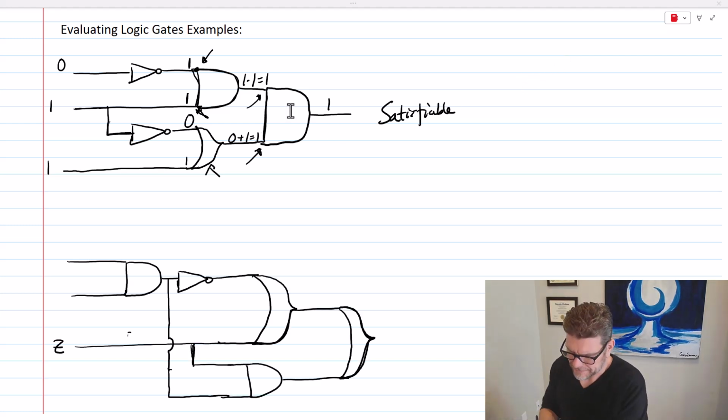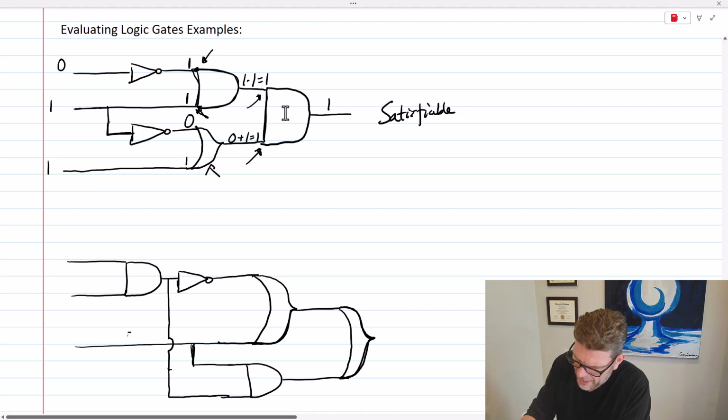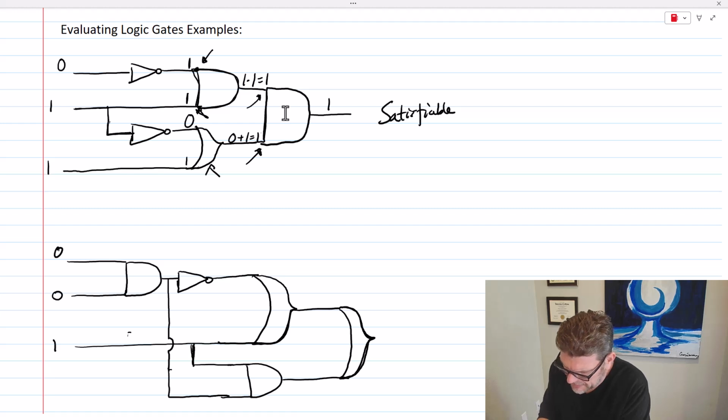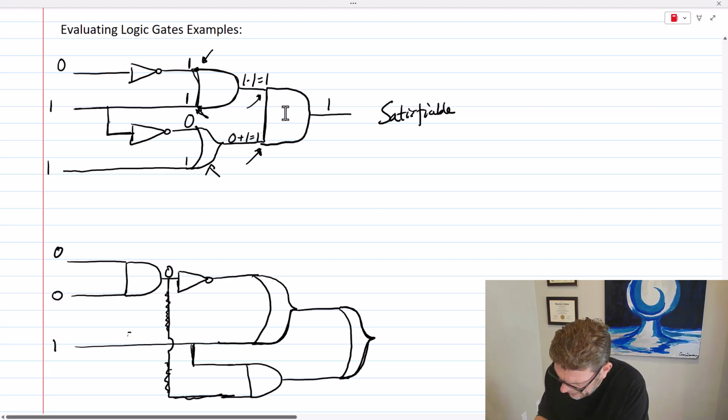Let's take a look at this gate. Let's say, for example, that I evaluate at 0, 0, and 1. So I've got 0 times 0, that's going to give me 0. And then what's going to happen here is I'm going to move down this line right here, this line that I'm illustrating. And so consequently, this value right here is going to end up being a 0. But then I'm also going to invert the 0, turn it into a 1.